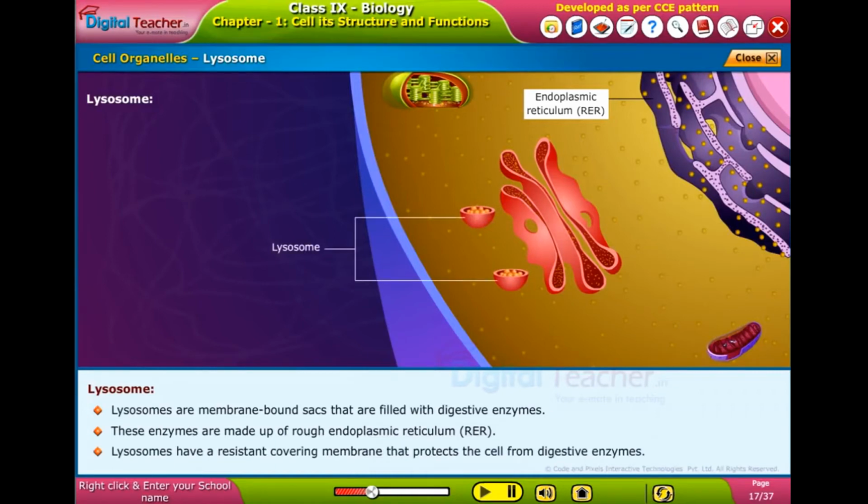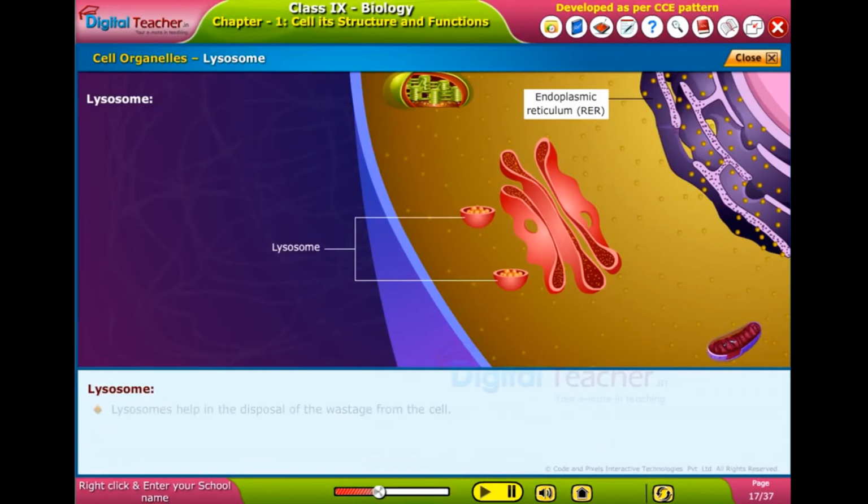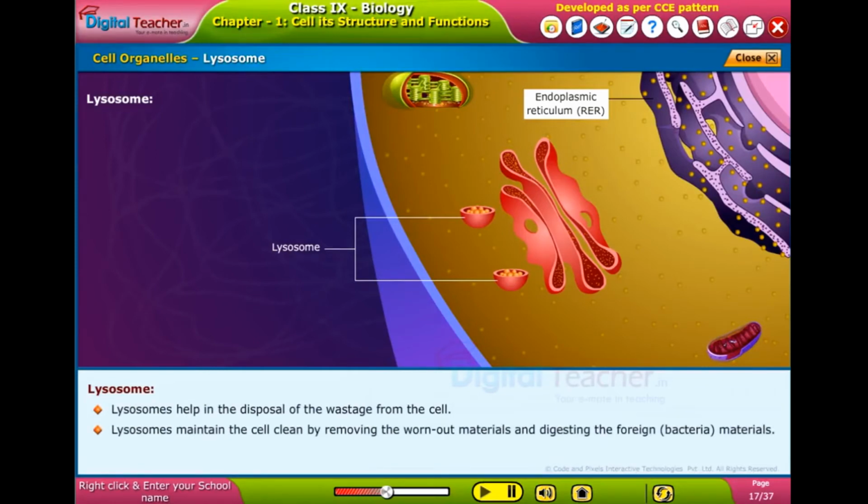Lysosomes have a resistant covering membrane that protects the cell from digestive enzymes. Lysosomes help in the disposal of the waste from the cell. Lysosomes keep the cell clean by removing the worn-out materials and digesting the foreign or bacterial materials.